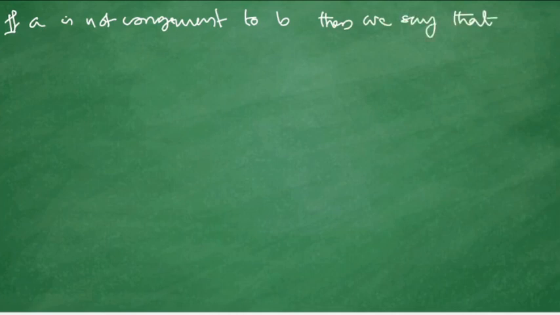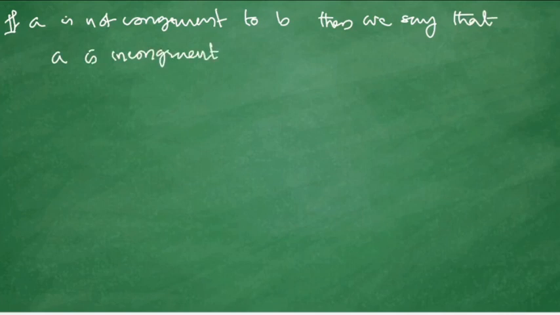If a is not congruent to b under modulo m, then we say that a is incongruent to b modulo m.